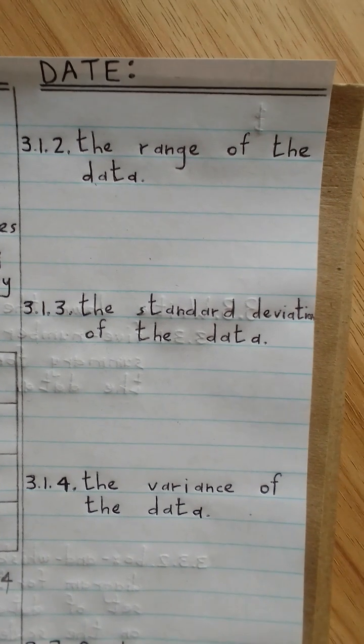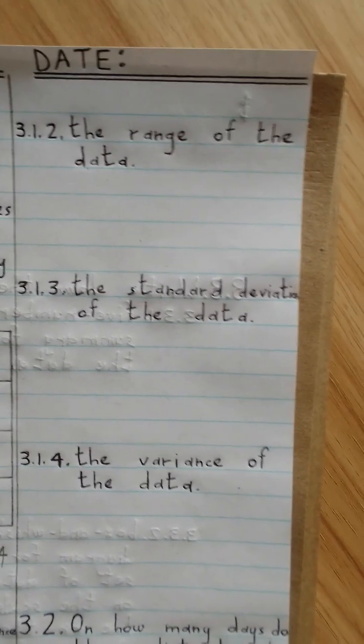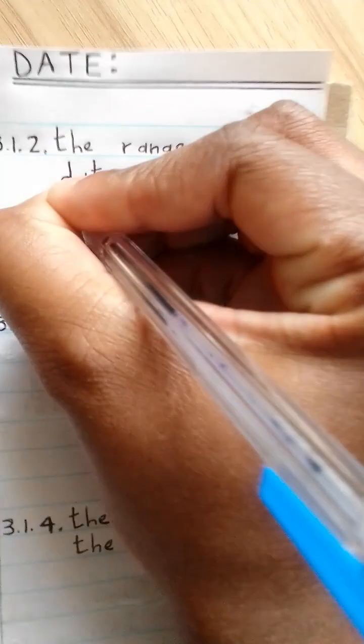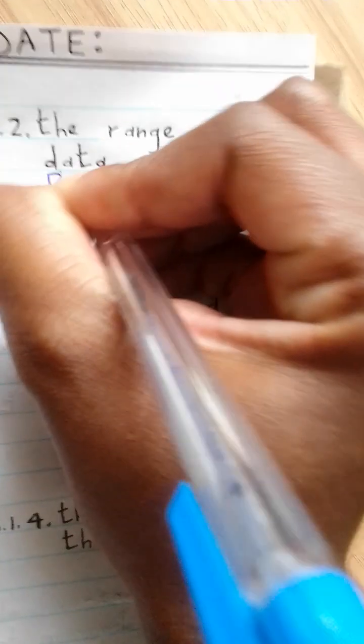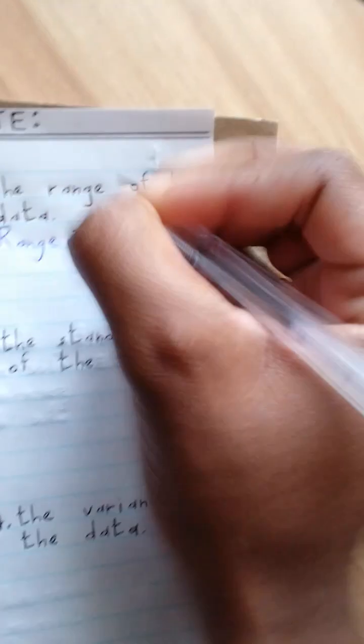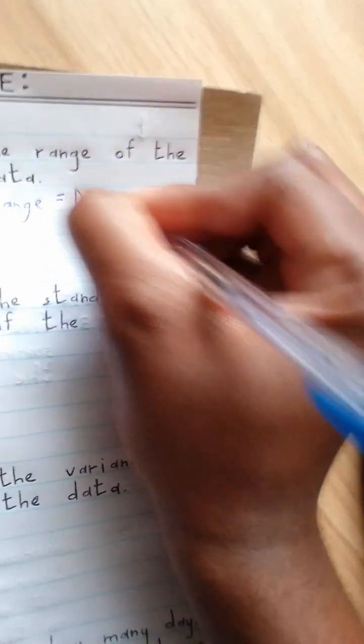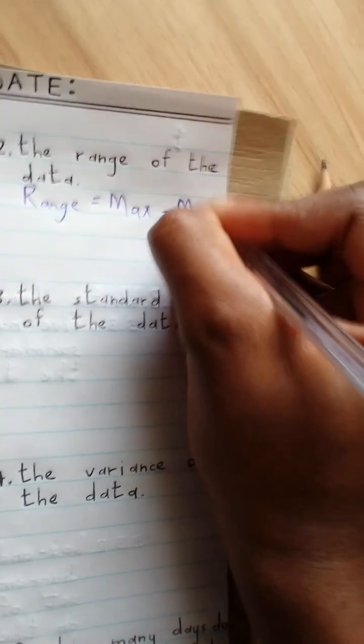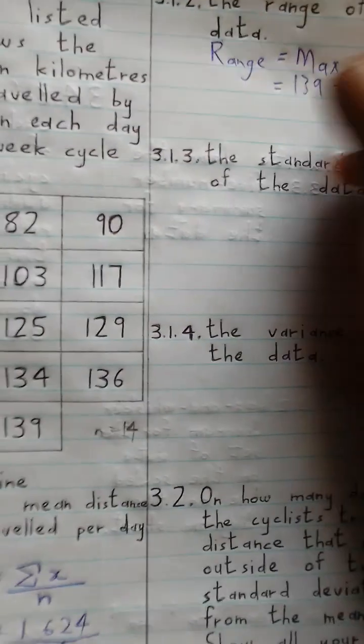3.1.2, determine the range of the data. So range, max minus min. They are arranged in ascending order. So the maximum is 139, minimum is 80, 59.